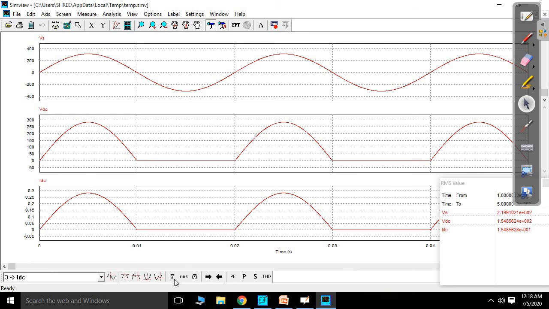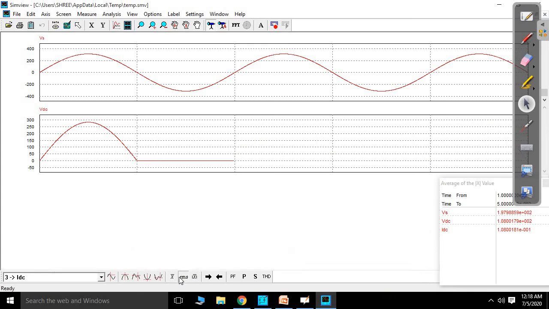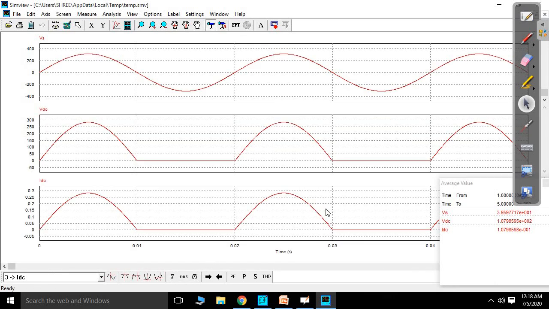So I will get DC voltage, that is average voltage, average current, RMS voltage, RMS current, and the average voltage in absolute value. I get all these parameters from this simulation. If I want the supply voltage peak value, then I click here on VS, and here it is the peak value.